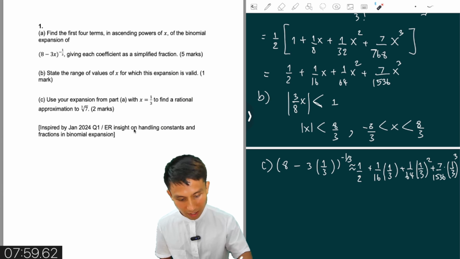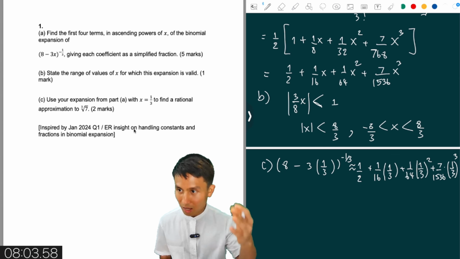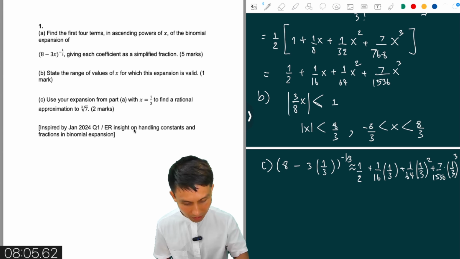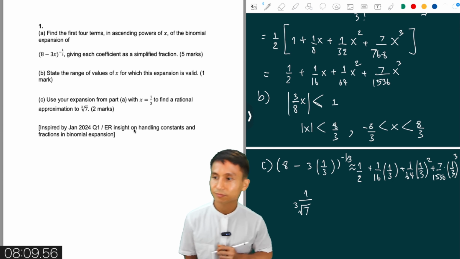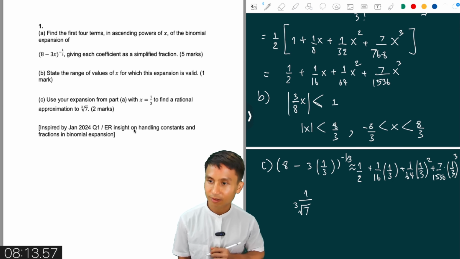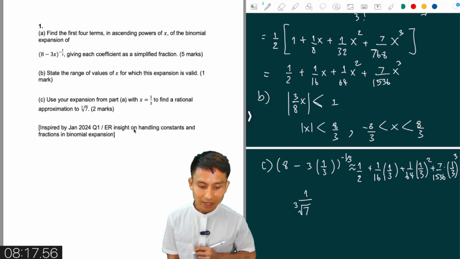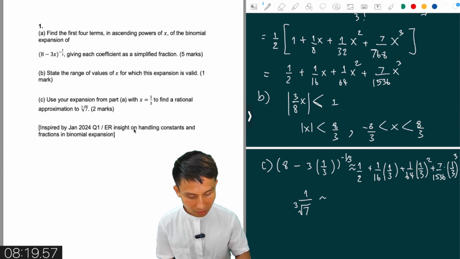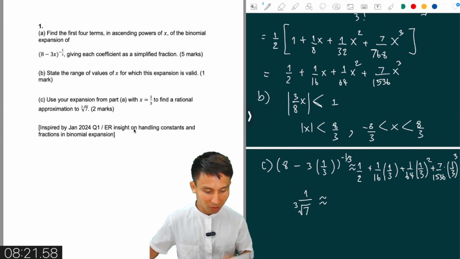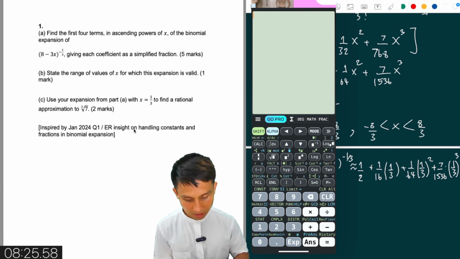So here we have a 7 in the brackets, but then the power of minus 1/3 will make it become 1 over cube root 7, just like that, right? Because it's a negative power there. This is still approximated to the whole thing on the right side, which can then be calculated by a calculator.